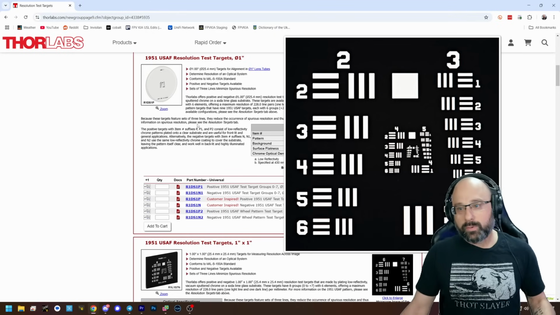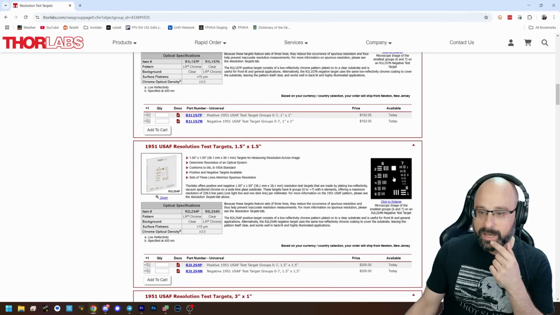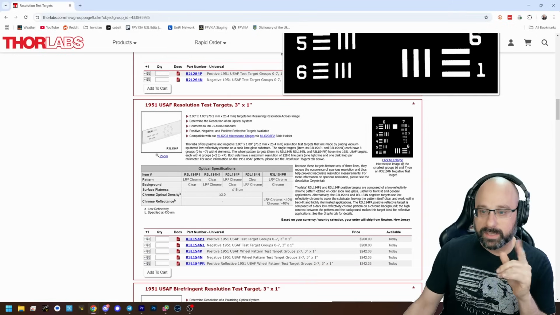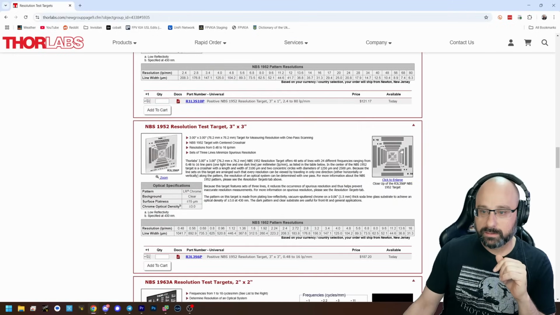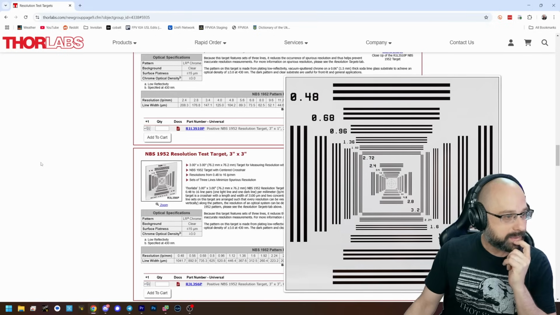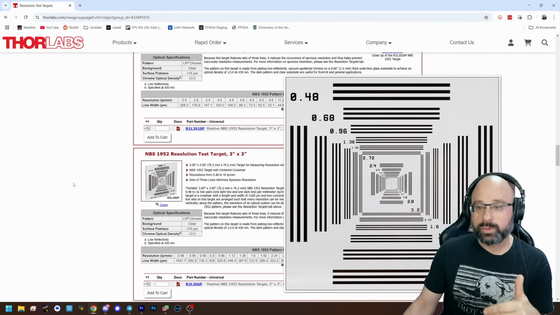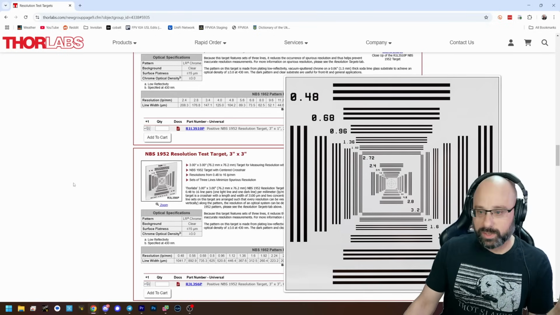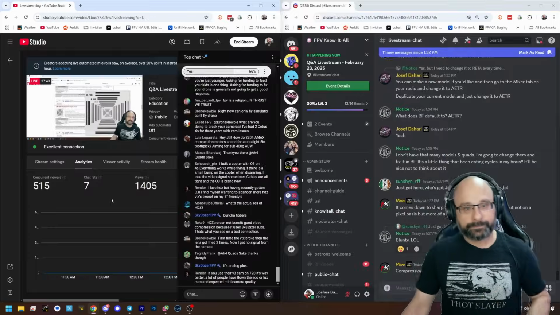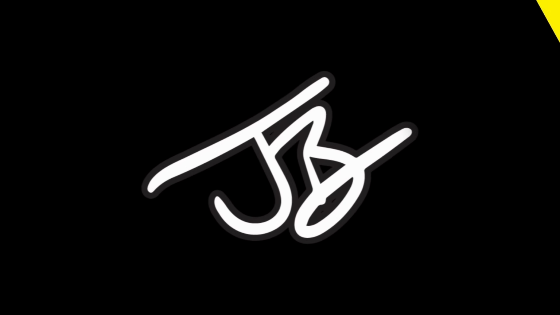What you do is you point the camera at the test pattern and you see the smallest number of lines that you can distinguish. Or this, this is another resolution test pattern. So the only way to measure the actual ability of the system to resolve images would be to use something like this.